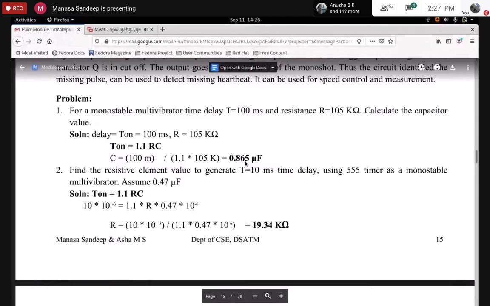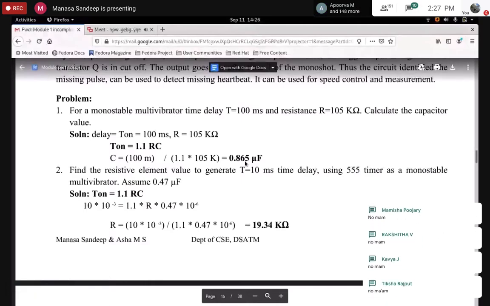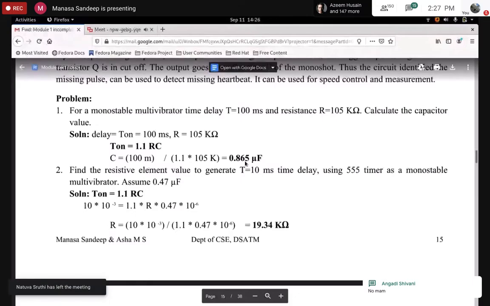Still it's a problem. Okay, now what about now? Is the square wave oscillator visible?